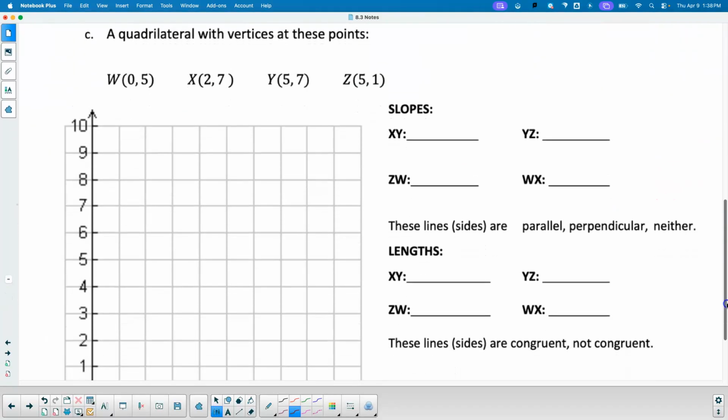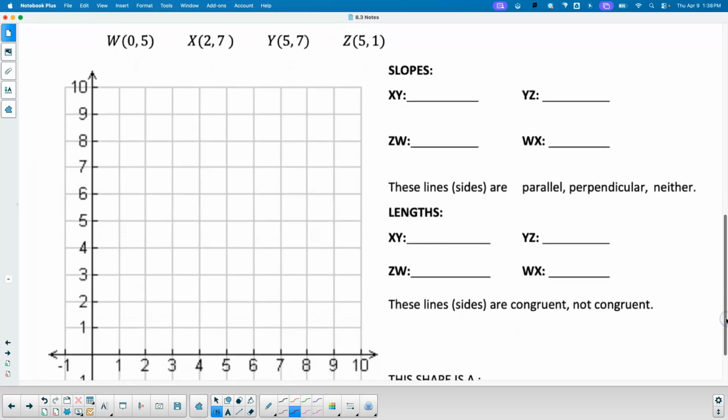Let's do C together. Quadrilateral with vertices at these points. W is at 0, 5. That's here. X is at 2, 7. Y is at 5, 7. And Z is at 5, 1.